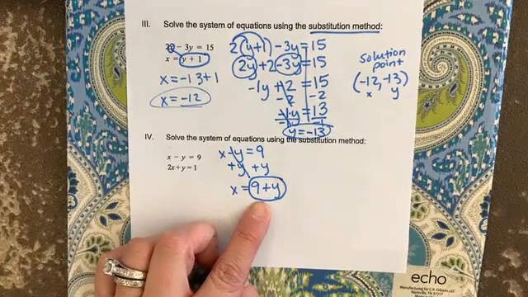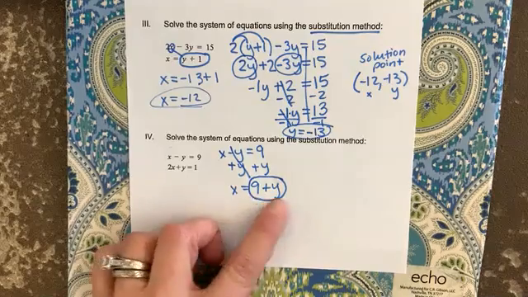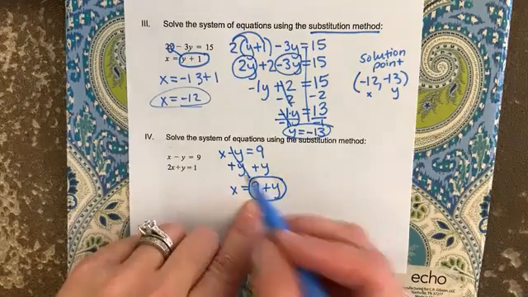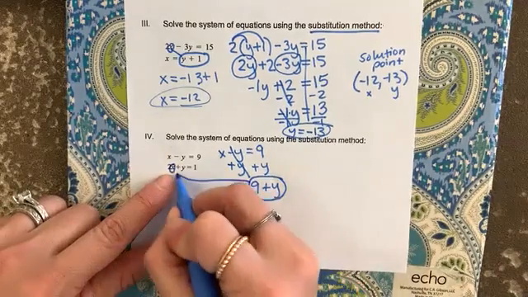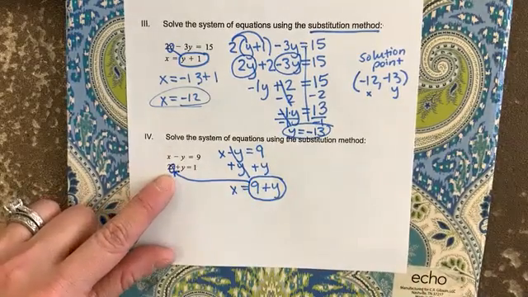Okay. So if you don't see the x equals or the y equals, take one of the equations and solve it for the x or the y. And then take everything that's on the other side, so 9 plus y, and make sure you plug it into the other equation. So there's the x. I'm going to take the 9 plus y and plug it in for that x.